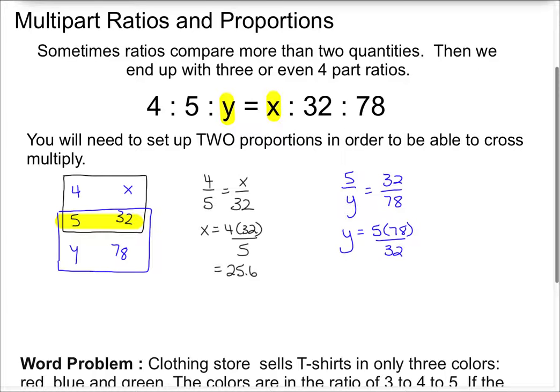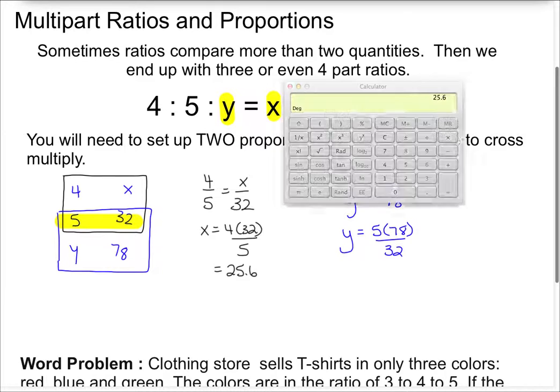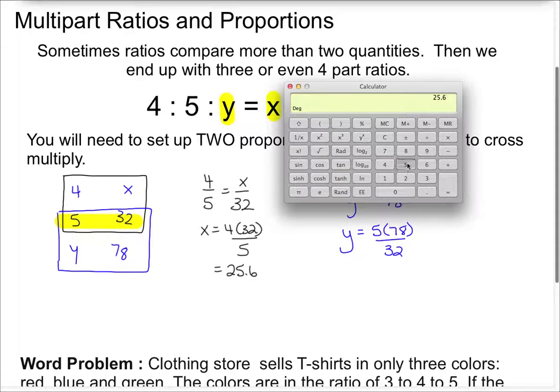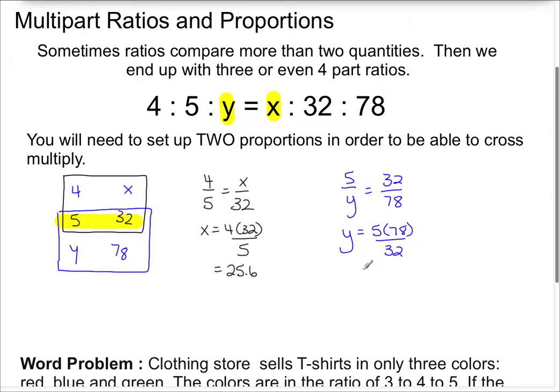So we're going to plug that into our handy dandy calculator. Here we go. 5 times 78 divided by 32 equals 12 point, we're going to call that 12.2. Okay, so there's our two answers. We have our x and we have our y. So that's how you solve a 3-part ratio.